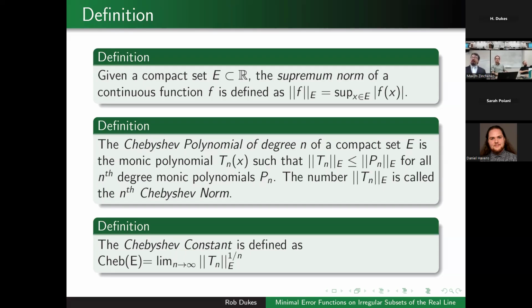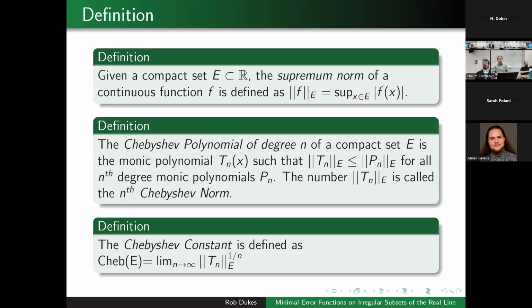Then the Chebyshev polynomial of degree n, we're defining as a monic polynomial, which we'll write Tn. Chebyshev is sometimes written with a T, where the supremum norm is less than or equal to the supremum norm of any other polynomial. And that number, norm of Tn, is called the nth Chebyshev norm.